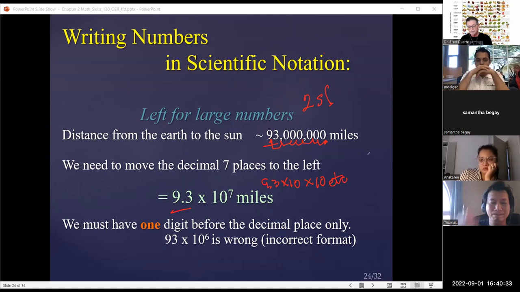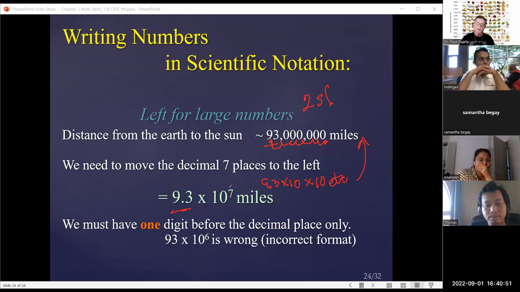That's this number up here. And so this is the correct format for scientific notation. We got 9.3 times 10 to the 7th power, where 7 represents how many decimal places you moved.